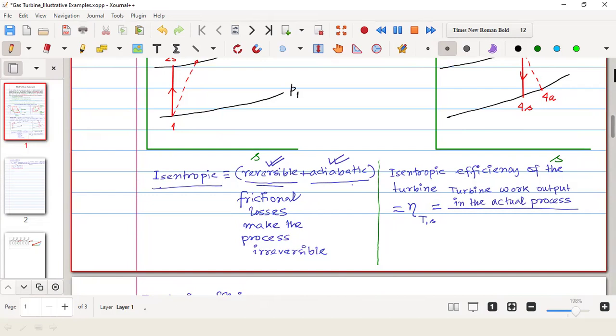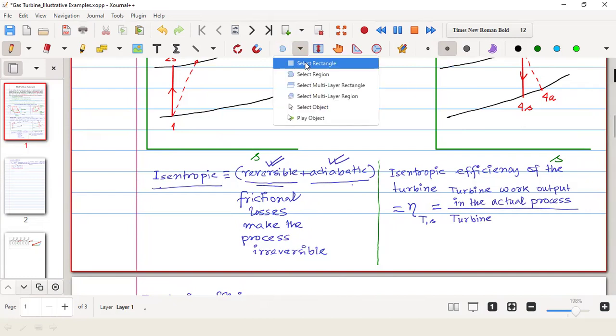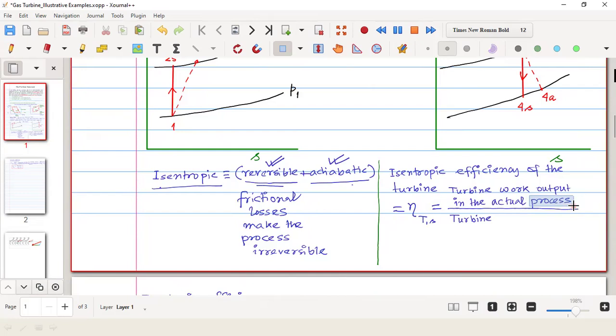Actual process means actual expansion process.